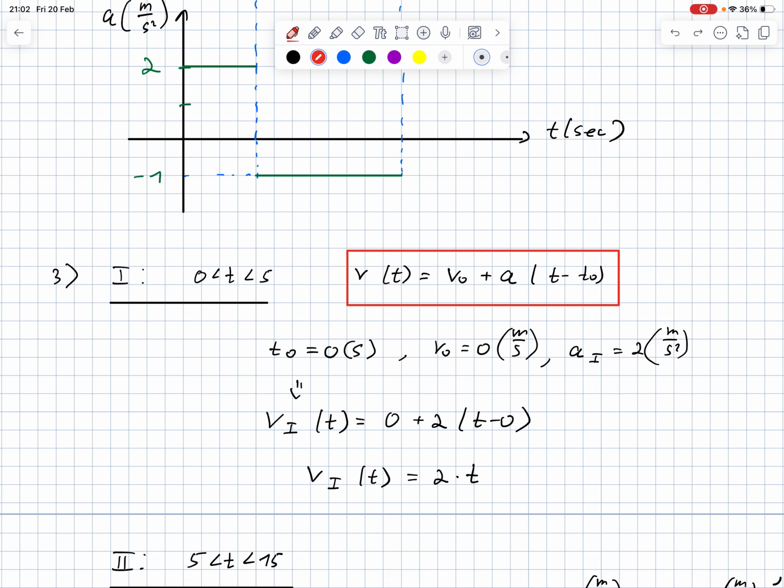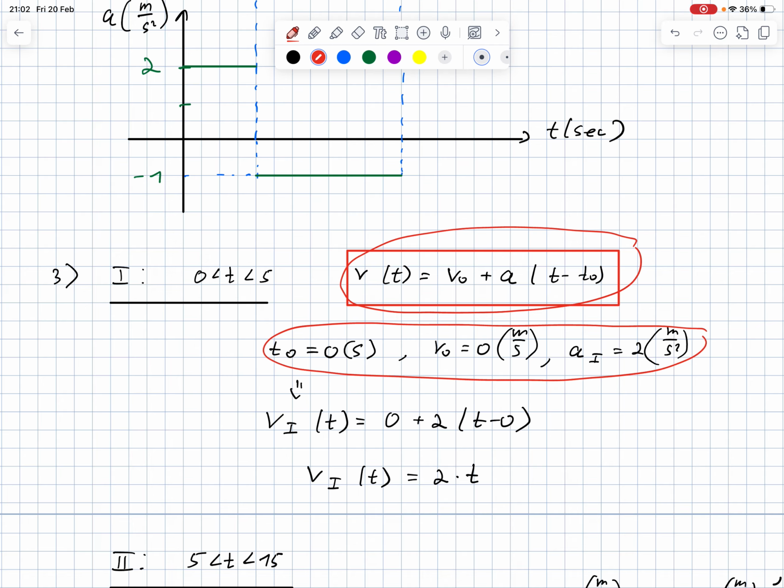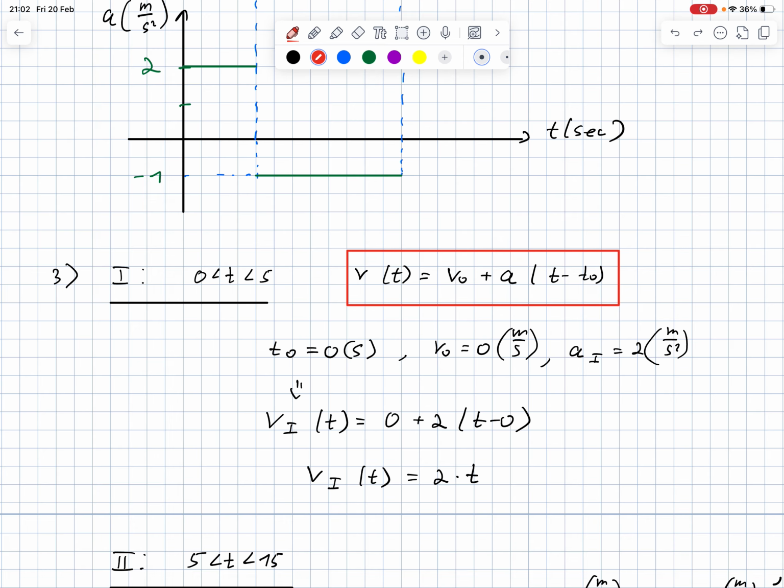Now let's substitute all those parameters with those values, and we get: when t equals 0 seconds, velocity is 0 meters per second, and the acceleration is 2 meters per second squared. And this is the final expression for the first time interval that describes the velocity.